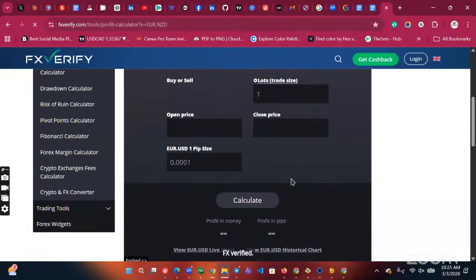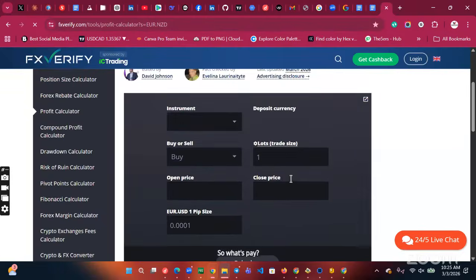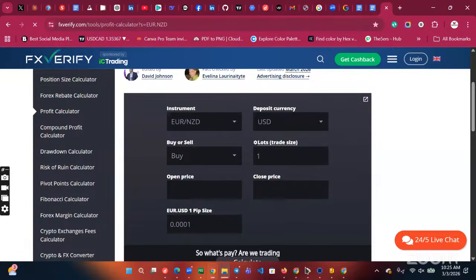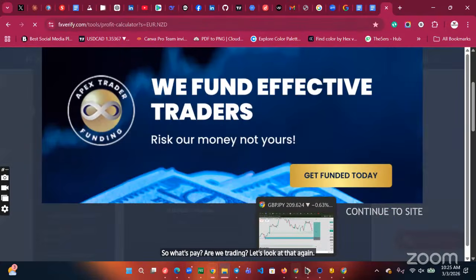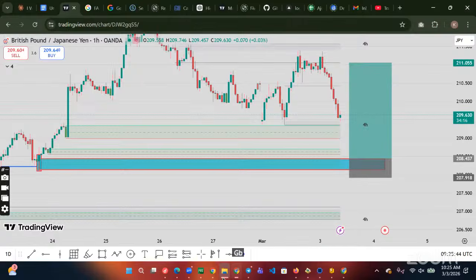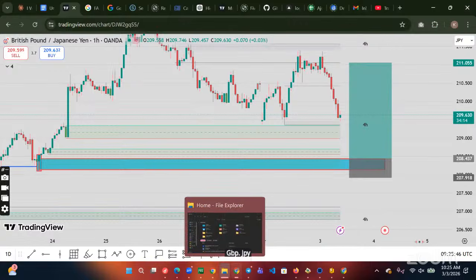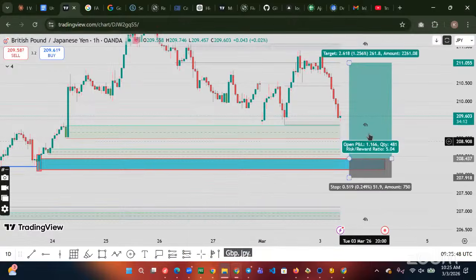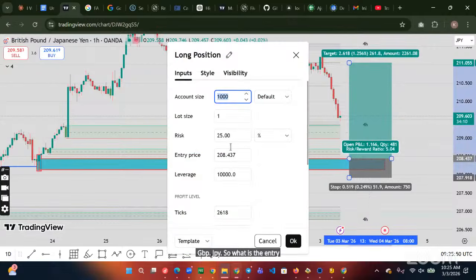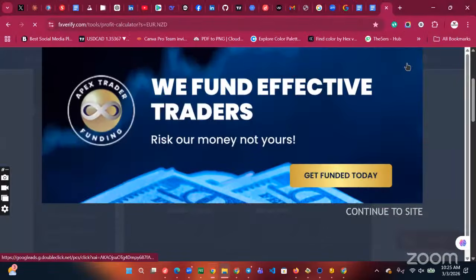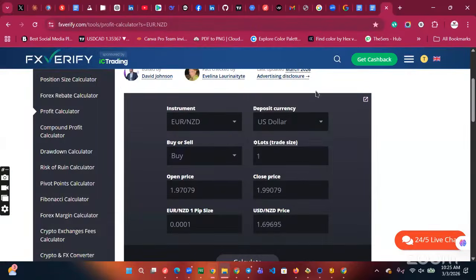So what pair are we trading? Let's look at that pair again. GBP JPY. So what is the entry price? 208.437.